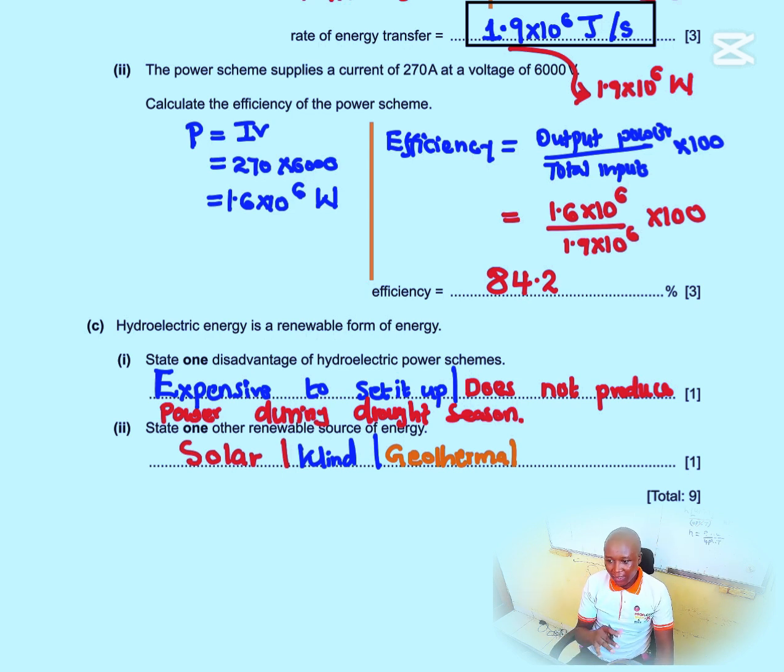You are also supposed to know, in this topic, the advantages and disadvantages of hydropower schemes. The first thing that we need to realize here, the advantage, is that they can produce enough energy and can meet the demand of the power that is required. The shortcoming is that the initial capital that you need to start a power plant is really very high.